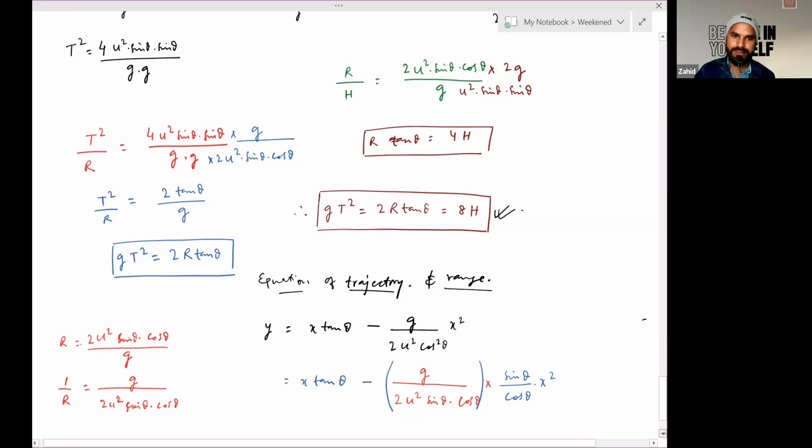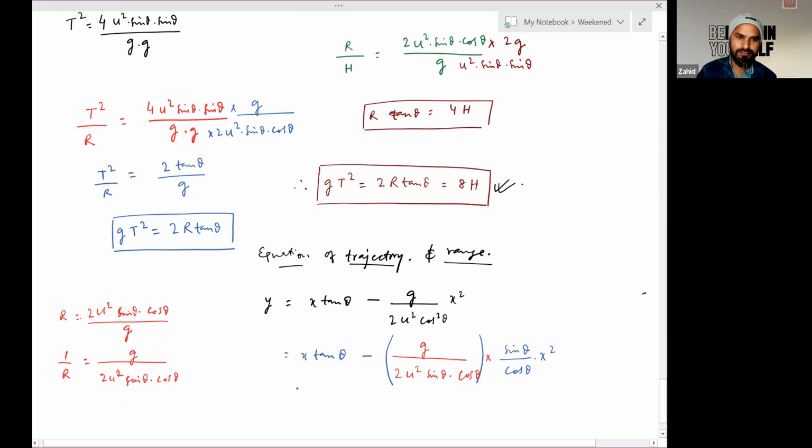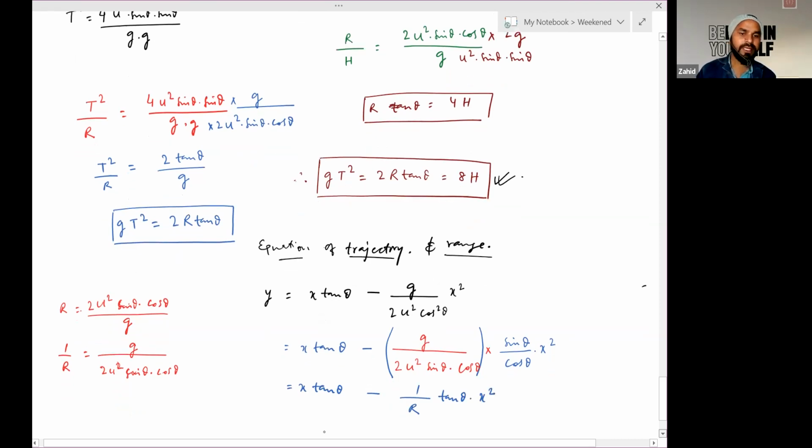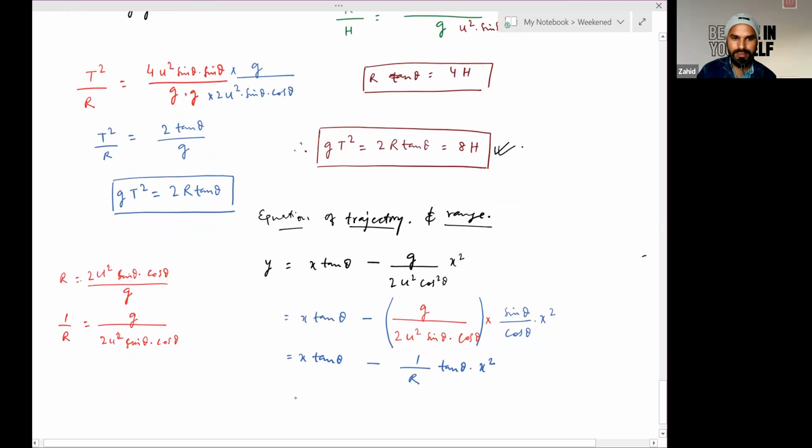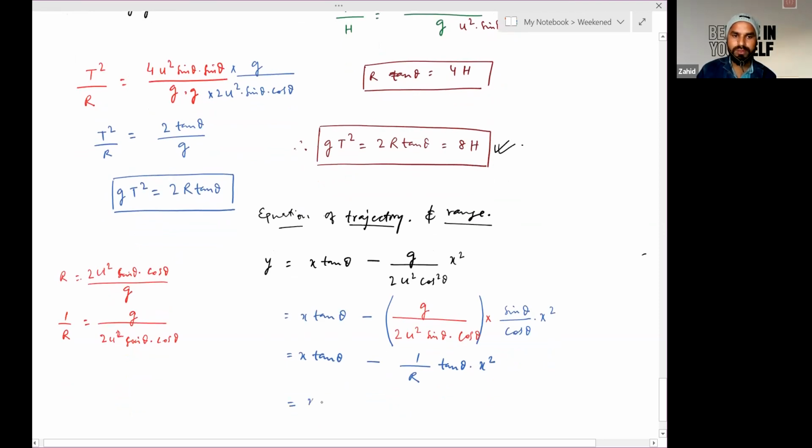So we can write it as x times tan theta minus 1 over R times tan theta x squared. Now, if you take out x tan theta common, you will be left with 1 minus x over R is equal to y.